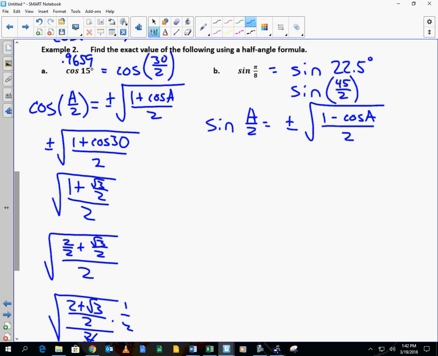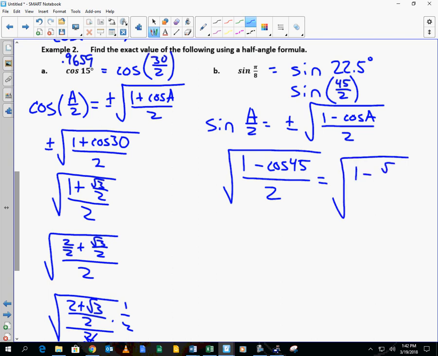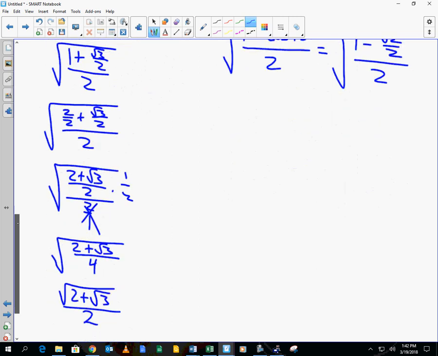First quadrant. Very good. So I've got the square root of 1 minus cosine of 45, divided by 2. Shoot, if I only knew what the cosine of 45 was. It's root 2 over 2. That's amazing. We just know that. Like, wow, we must be smart. You guys must have a really good third quarter teacher.